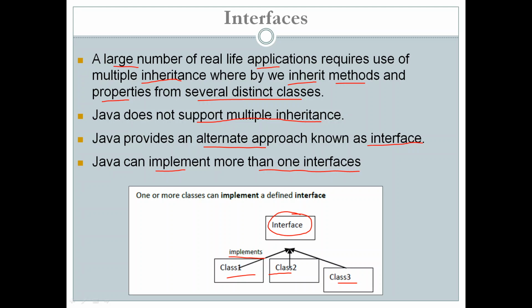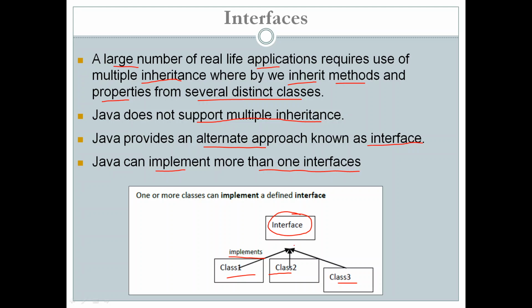Now we have come across one more keyword which is used to inherit. The earlier keyword which is used to inherit was extends. Now when to use extends and when to use implements? Whenever one class inherits from another class, then we have to use the keyword extends.